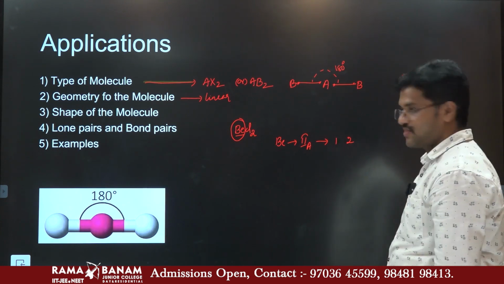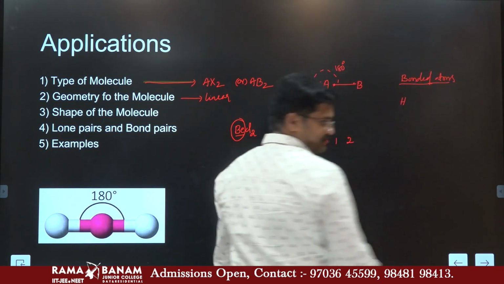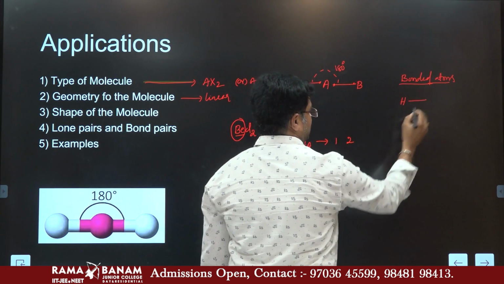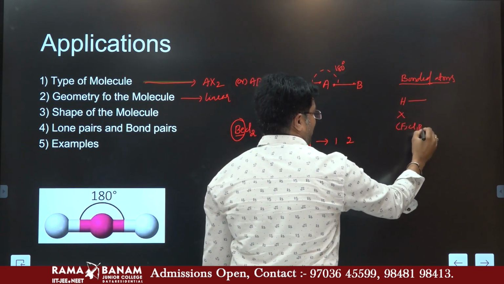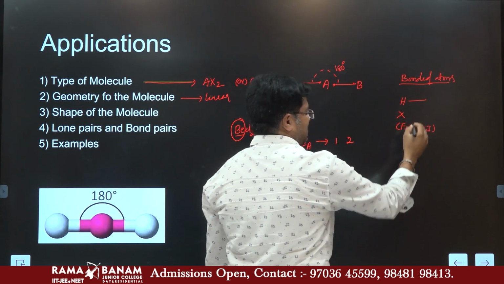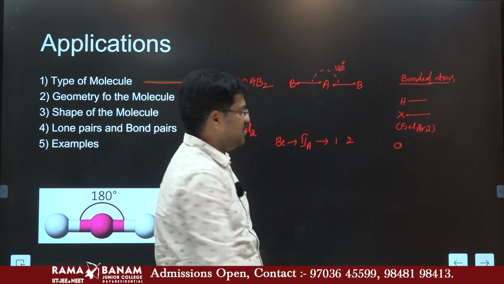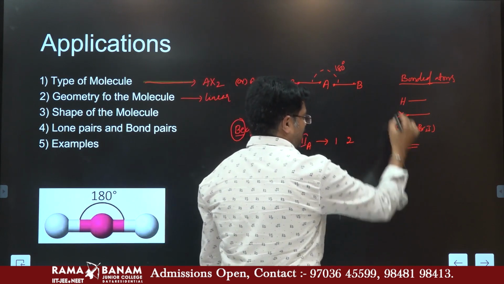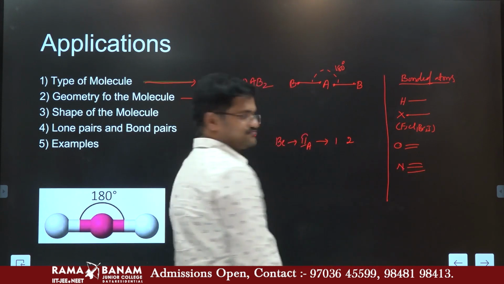Suppose you take hydrogen as a bonded atom, it forms a single bond. Halogens, fluorine, chlorine, bromine, iodine, act as bonded atoms and form single bonds. If you take the oxygen family, it forms double bonds. If you take the nitrogen family, it forms triple bonds.